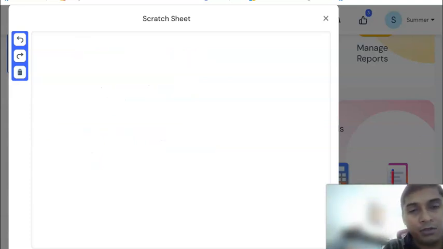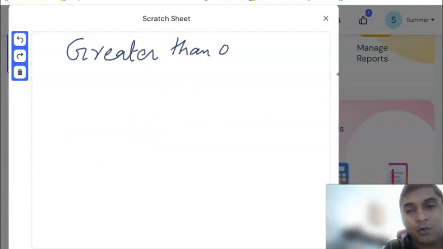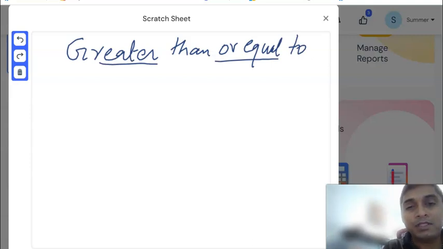Now there are two things that you will have to understand: greater than or equal to. This restriction says it's equal to that number too. So all numbers greater than or equal to 5, that small thing would be there.